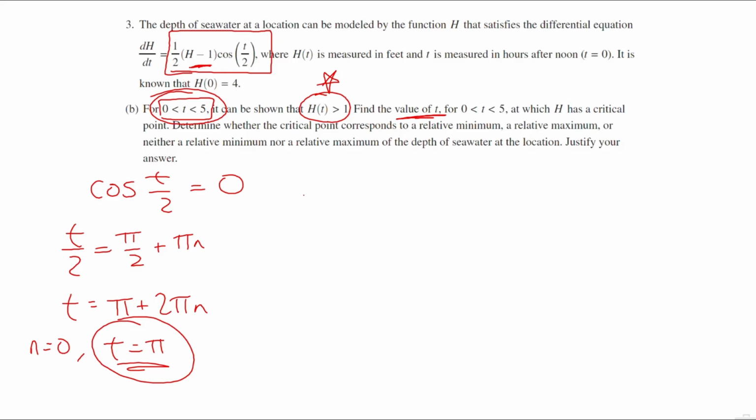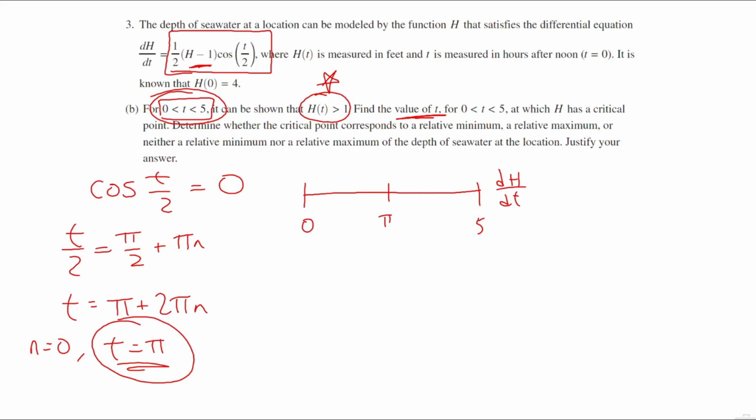One of the ways is we can make a sign chart here and say, all right, here's the t-value of 0, and the t-value of 5 here. And then somewhere in the middle here is the t-value of pi. And we always want to indicate this is a sign chart for dH dt, right? Just so that we don't get confused about what we're making a sign chart for.